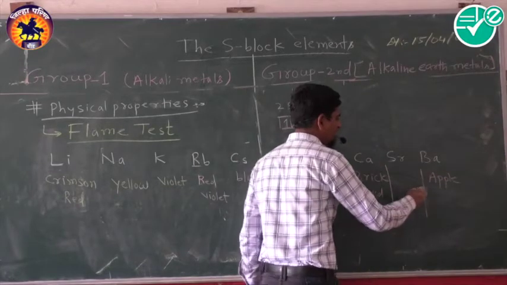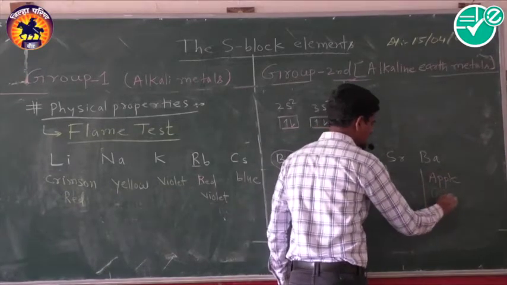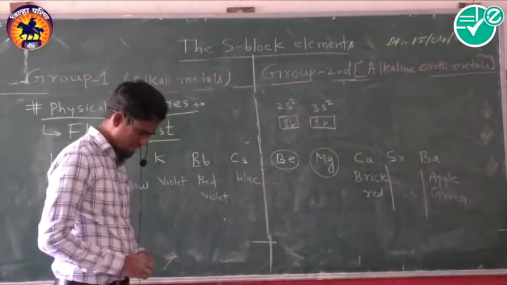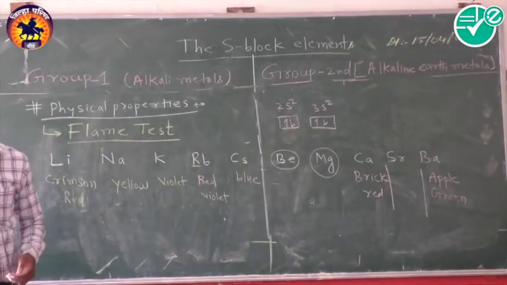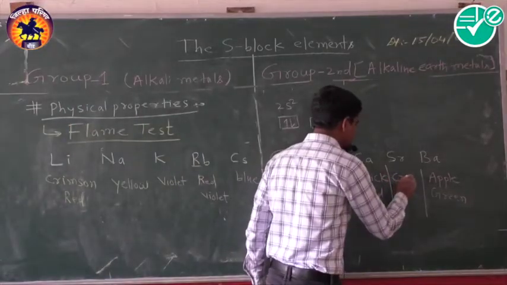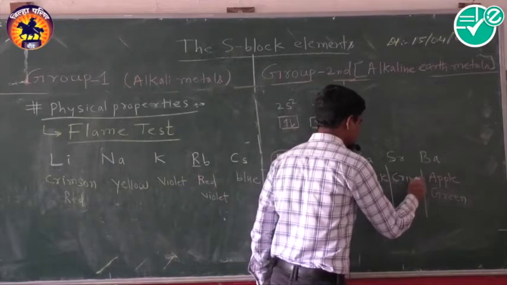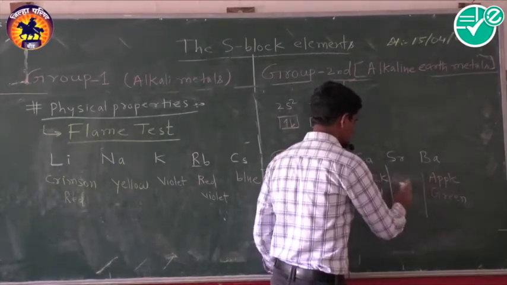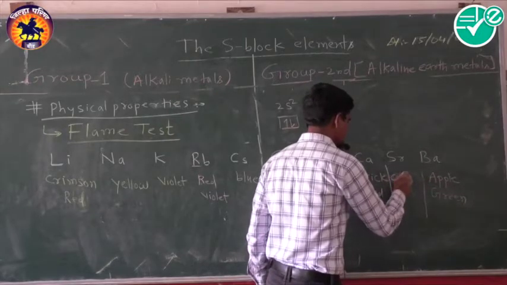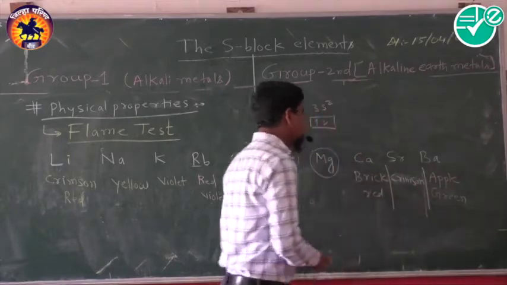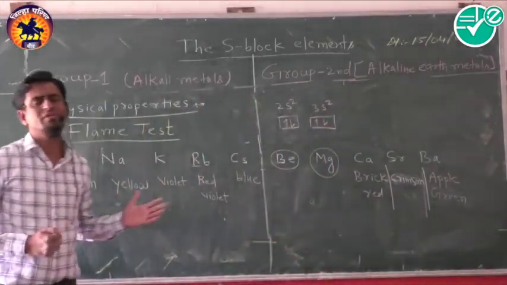But for barium it is apple green color. And for strontium, what was that? I'll see. Just a minute. Yes, crimson color. For strontium it is crimson color.